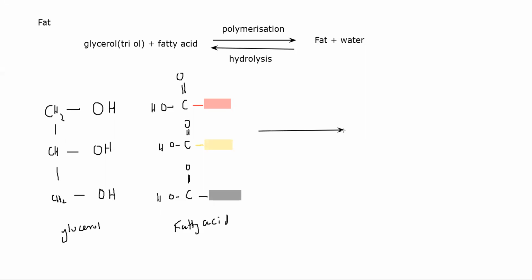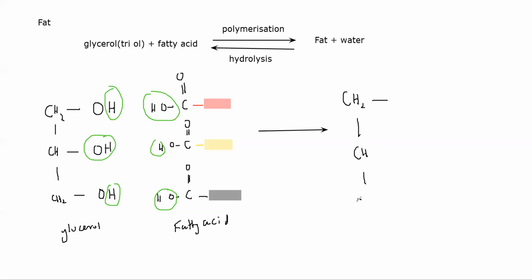So what does it result in? If on one side we remove H, the other side will be OH. And the same thing, if I remove H from here, the other side will be OH. So how do they link with each other? When we draw the structure, the CH2 is there, the CH is there, then the CH2.